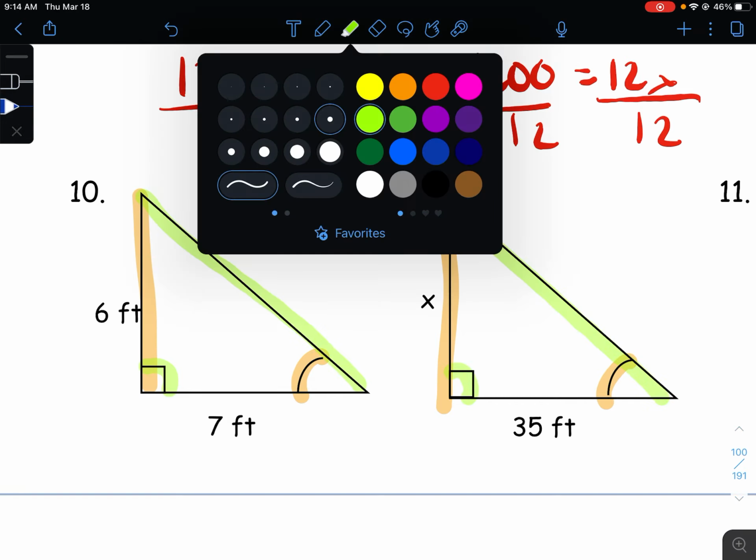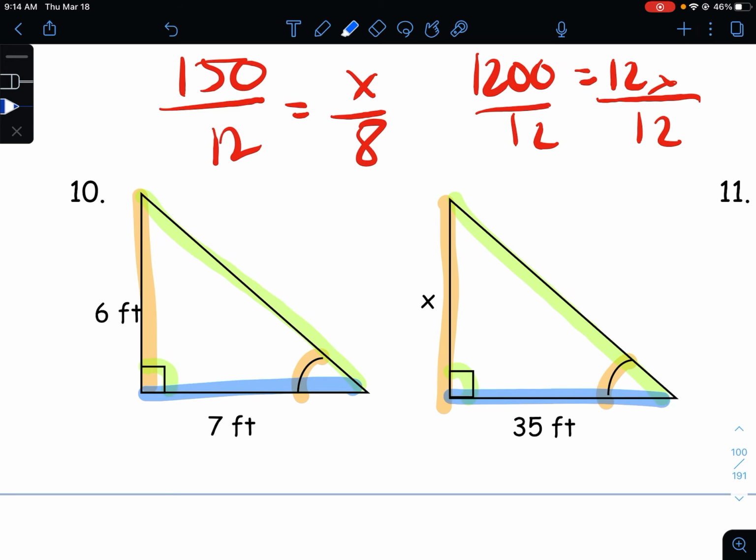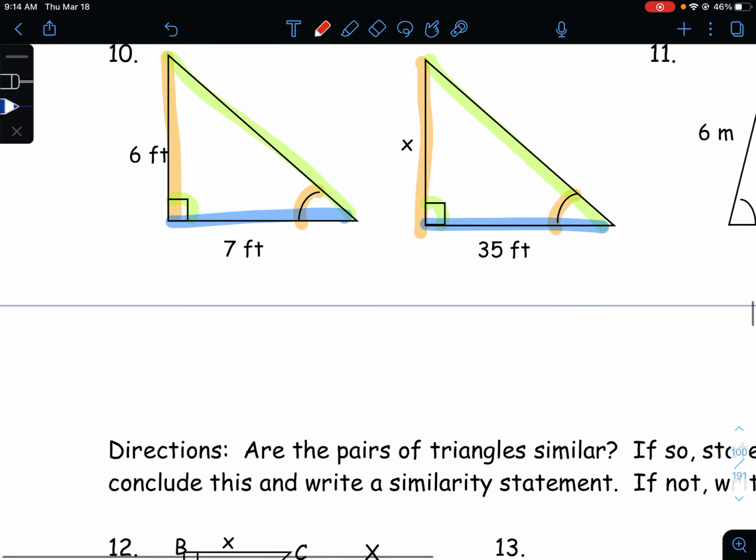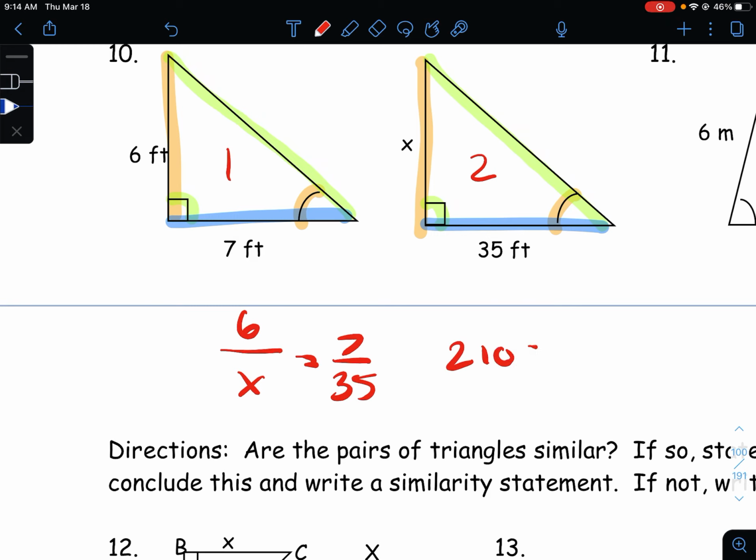Hence, the only ones left to go together would be the 7 and the 35. So we'll go ahead. We'll do triangle 1 over triangle 2. We get 6 over X equals 7 over 35. So you get 6 times 35 is 210. Divide by 7, and you get X is 30. Not 3, 30.